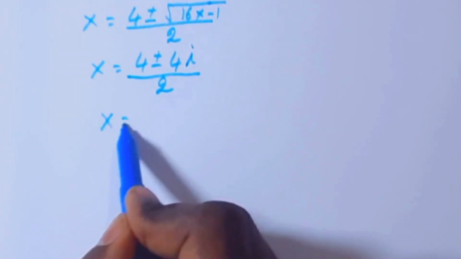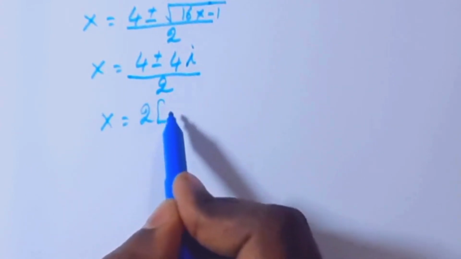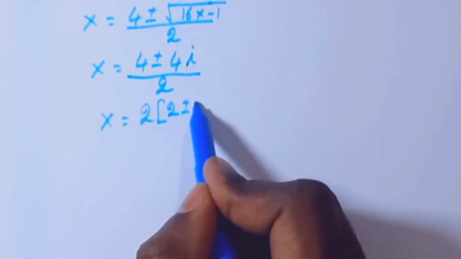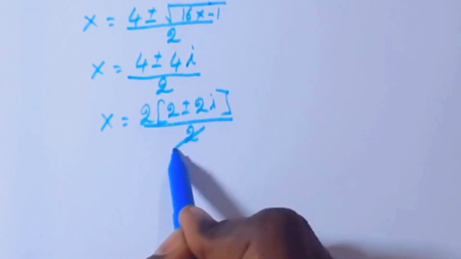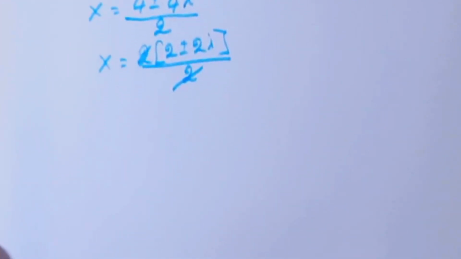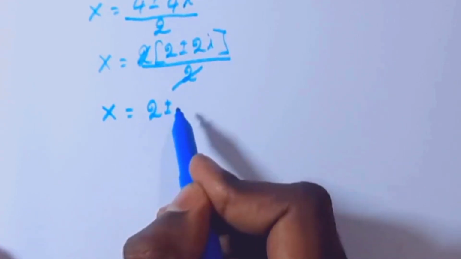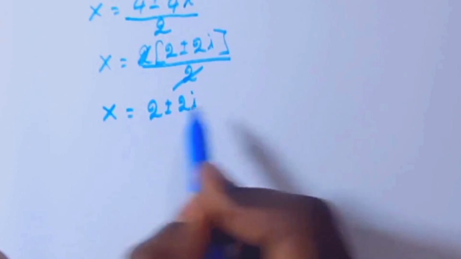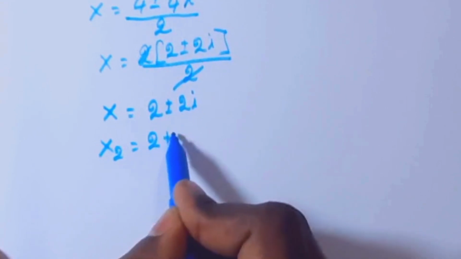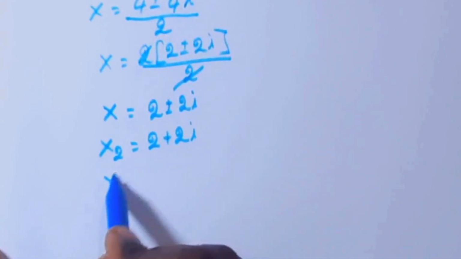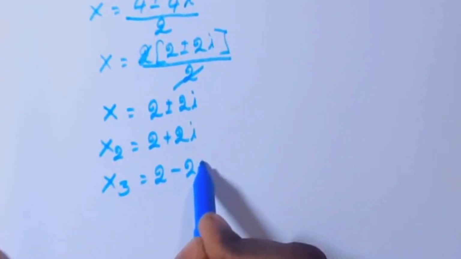Now here we are going to take common 2, so 2 times (2 plus or minus 2i) by 2. This 2 cancels this, so we have the complex solution x equal to 2 plus or minus 2i, that is x2 equal to 2 plus 2i, x3 equal to 2 minus 2i.